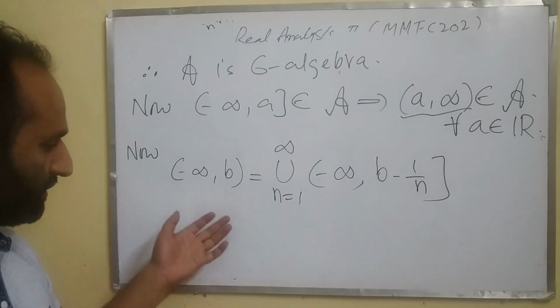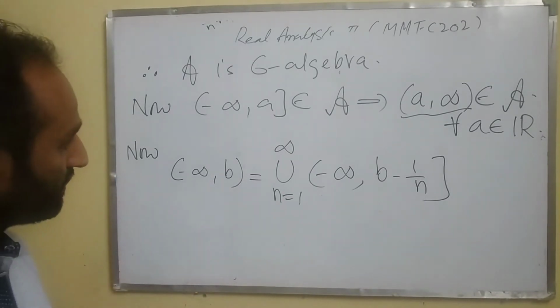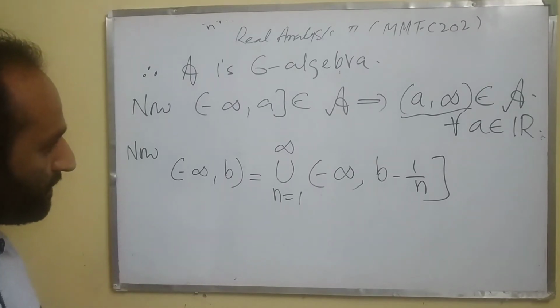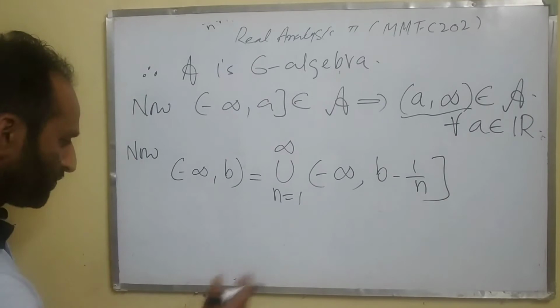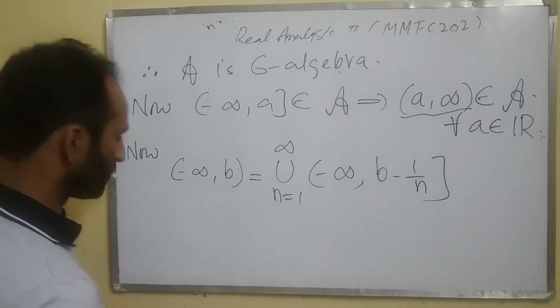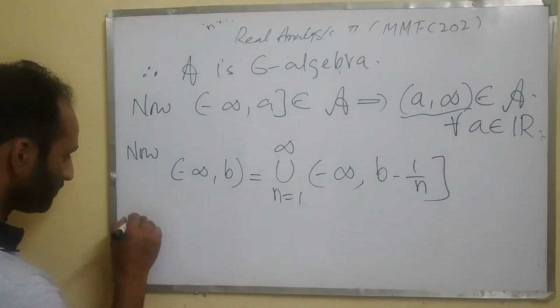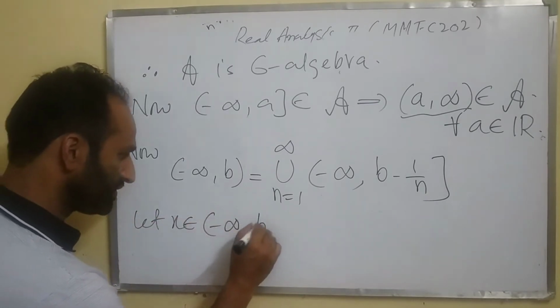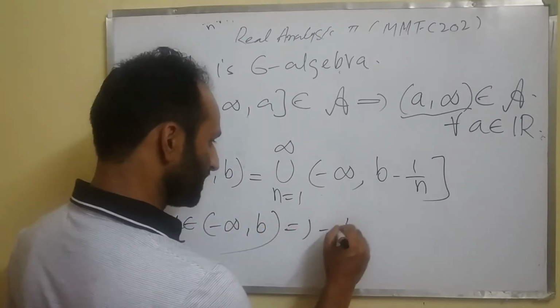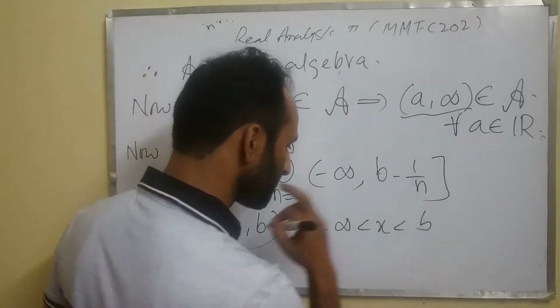So let's try to verify this. Actually, it's very simple. You can do it yourself. Without wasting time, let's prove this. Let's choose any x here. Let x belong to minus infinity to b, which implies minus infinity less than x less than b.